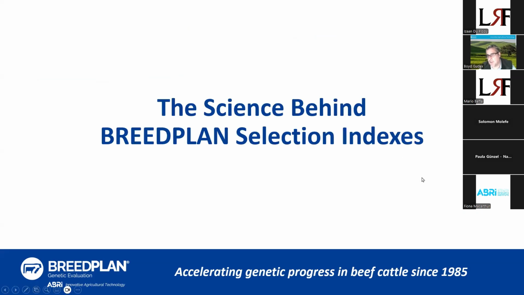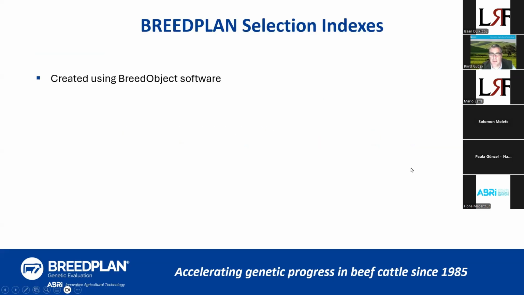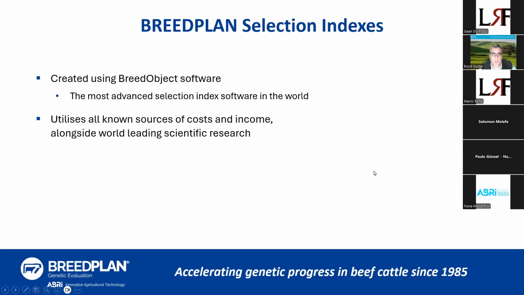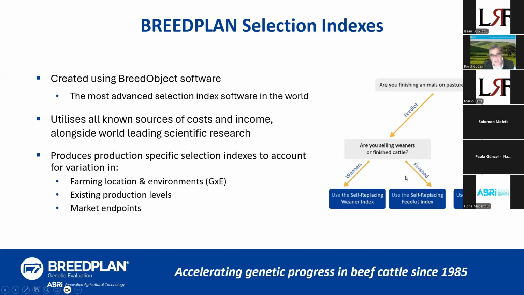So going on to the science behind BreedPlan selection indexes. They're created by a piece of software called BreedObject, which is short for breeding objective. And it's the most advanced selection index software in the beef world. It utilizes all known sources of costs and income alongside world-leading scientific research to create the indexes.